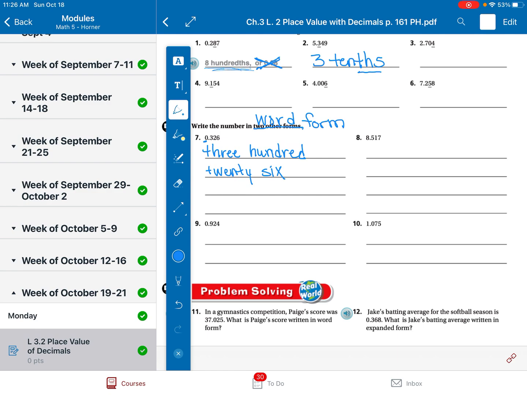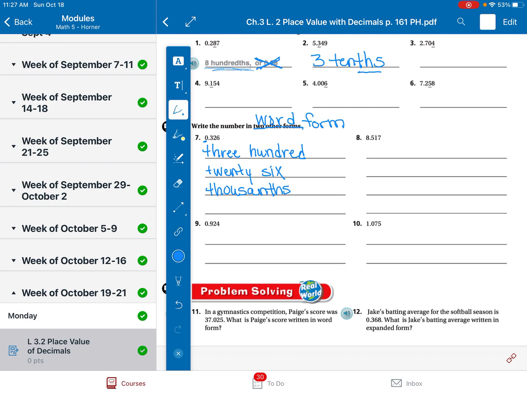Now we said the 6 was in the thousandths place, so I just have to add thousandths, 326 thousandths. That would be our word form.